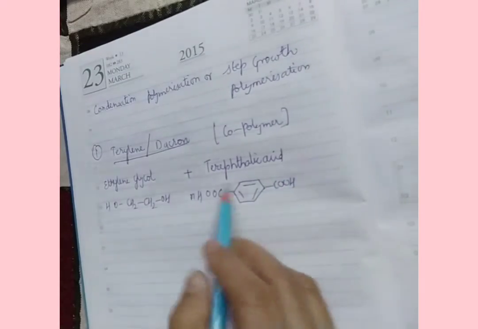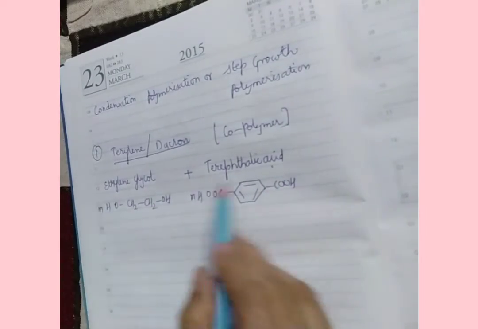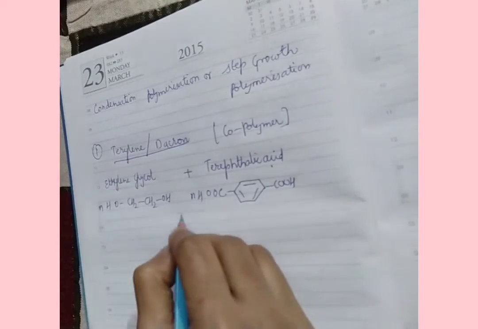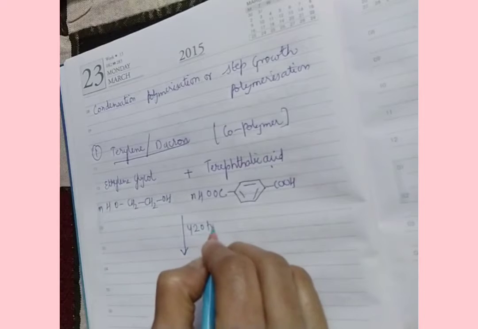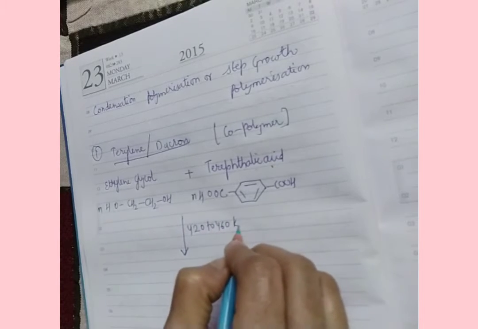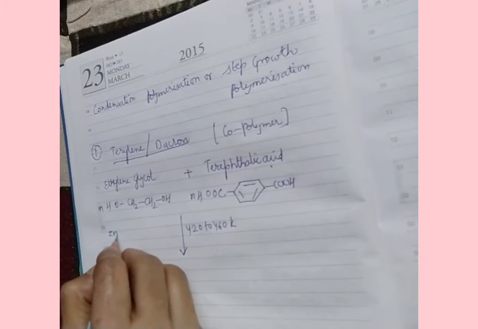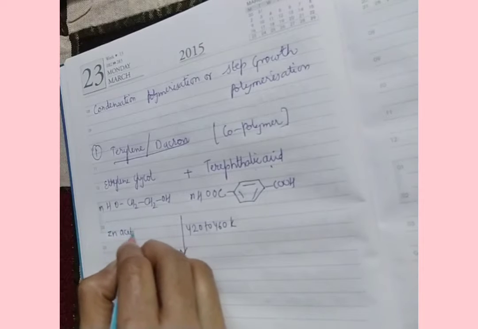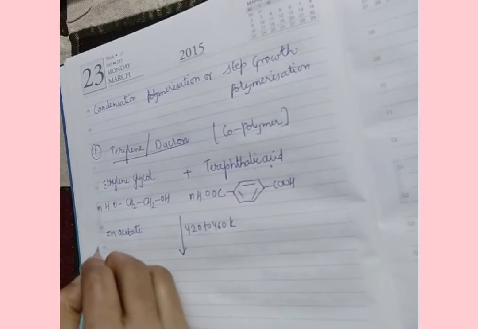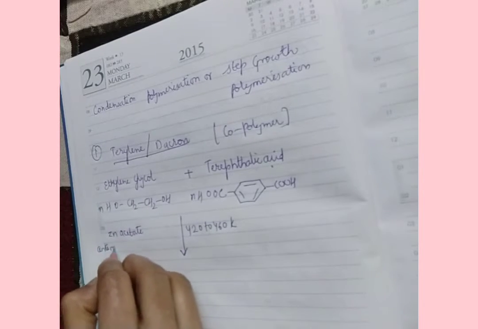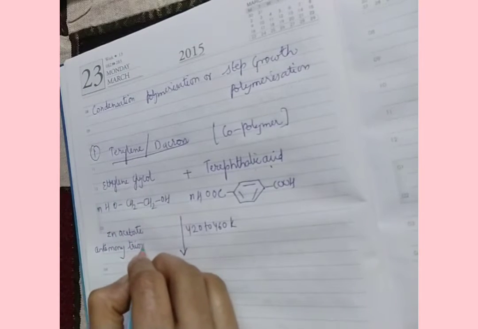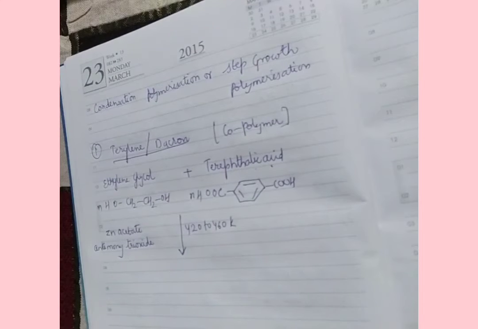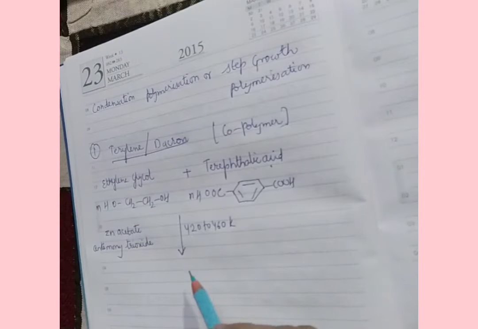so the end unit of terephthalic acid and the end unit of ethylene glycol are combined together at a temperature of 420 to 460 Kelvin, and the catalyst which is used is zinc acetate and antimony trioxide. In this case there will be a release of a water molecule.